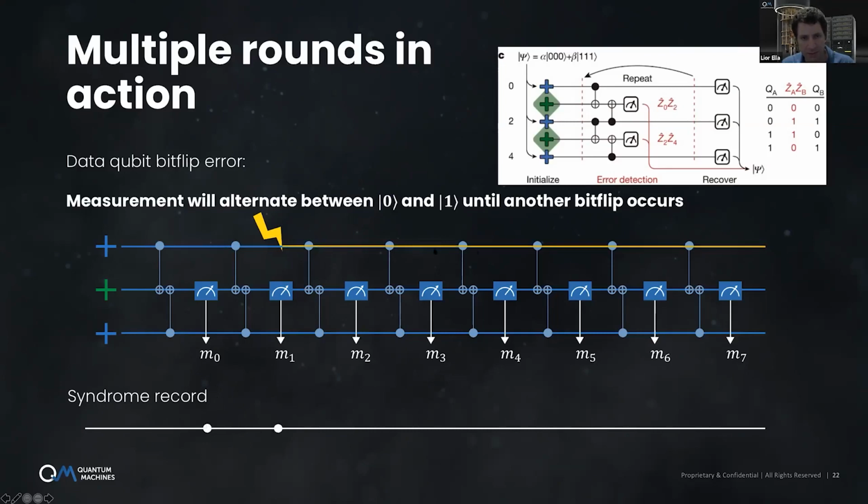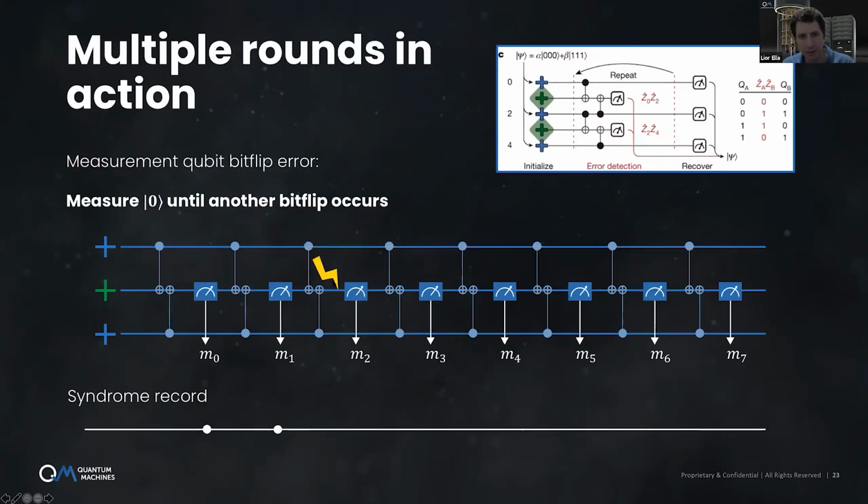Now, this qubit is going to be flipping its parity, so all subsequent CNOT operations are going to flip the state of the ancilla. This CNOT is going to flip the ancilla and we're going to measure 1. Then it's going to flip it again, we're going to measure 0. Then it flips again, and we measure 1. Repeating this, we get an alternating pattern between 0 and 1.